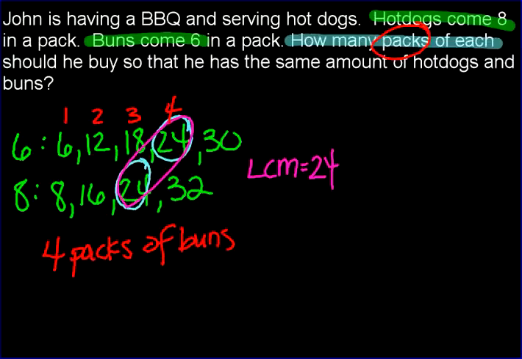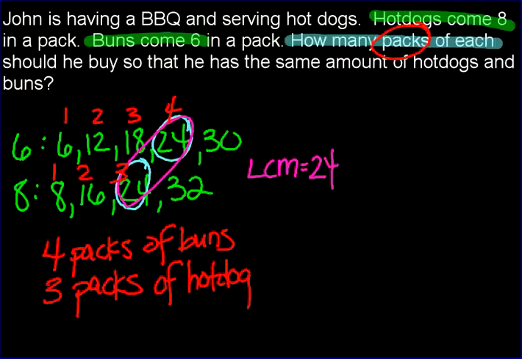And hot dogs come in a pack of 8, so I need 1, 2, 3 packs of hot dogs. Does that answer my question? I believe it does. He should buy 4 packs of buns and 3 packs of hot dogs. Looks good. All right, thanks, guys.